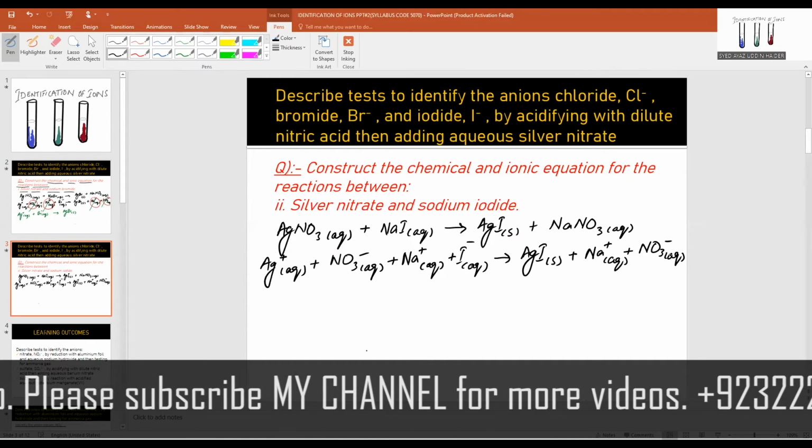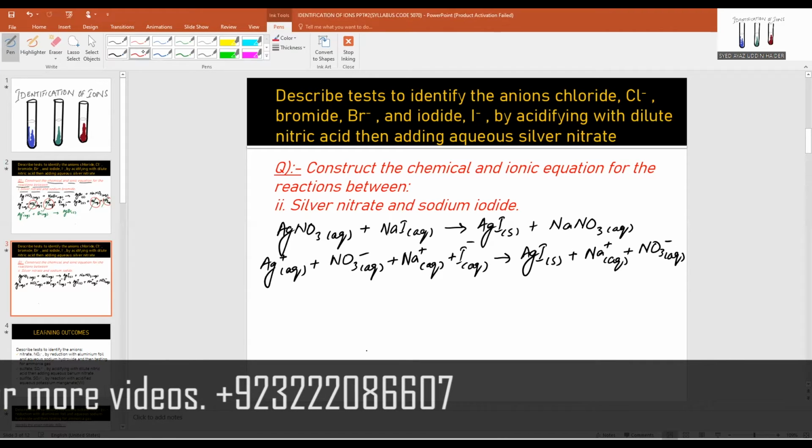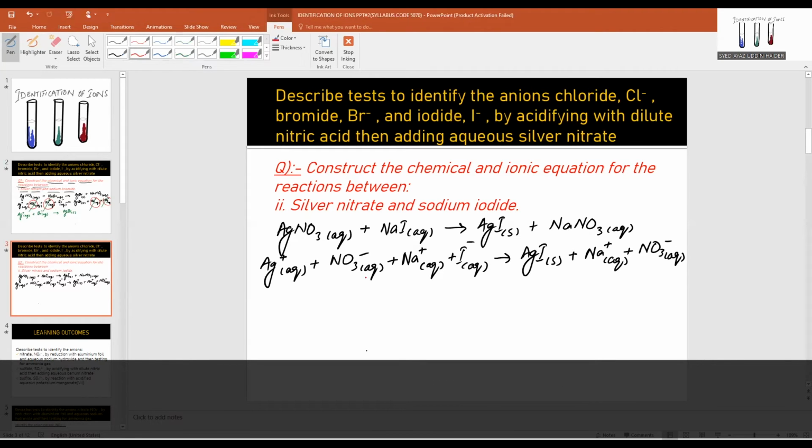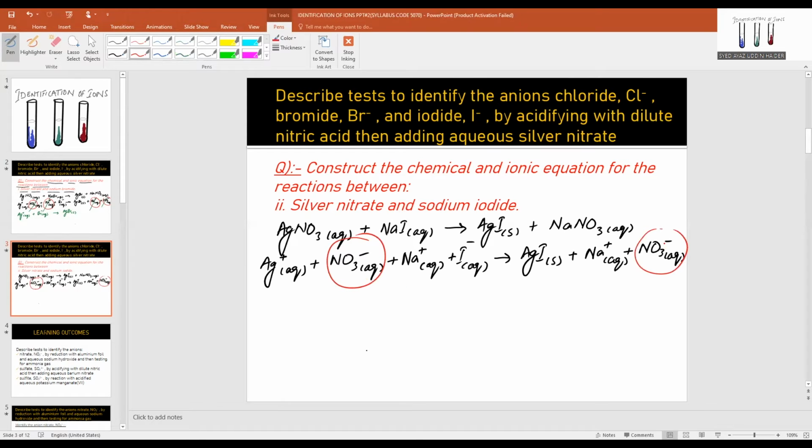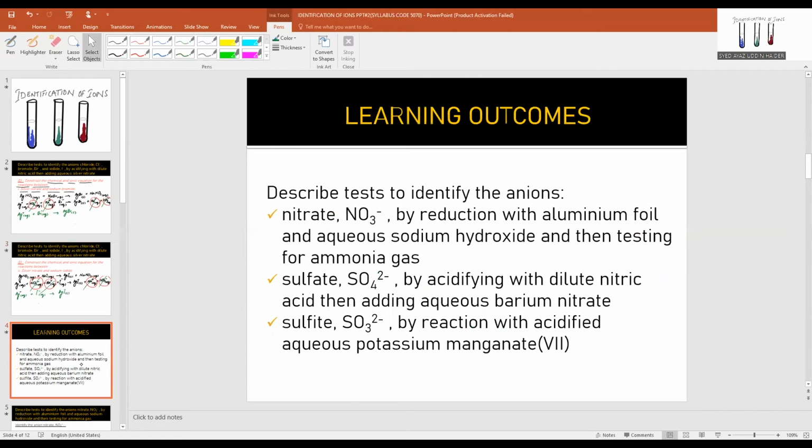Now cancel the common or spectator ions on both sides of the equation. These are the spectator ions, nitrate and sodium. So these will be cancelled. And the final ionic equation will be like this: Ag plus aqueous plus I minus aqueous will get AgI solid.